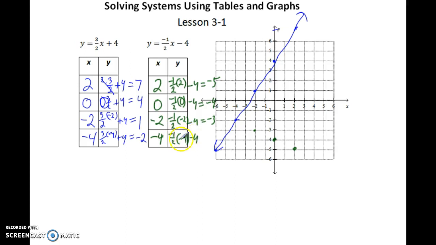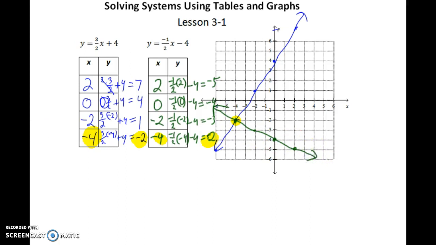That's +2 minus 4 is -2. So that'd be -4, -2. And that looks like it hits on exactly the same point. So you can see that -4, -2, -4, -2, that's the same point. That's the solution to this graph. I could continue and graph this line. That's the solution of the system.